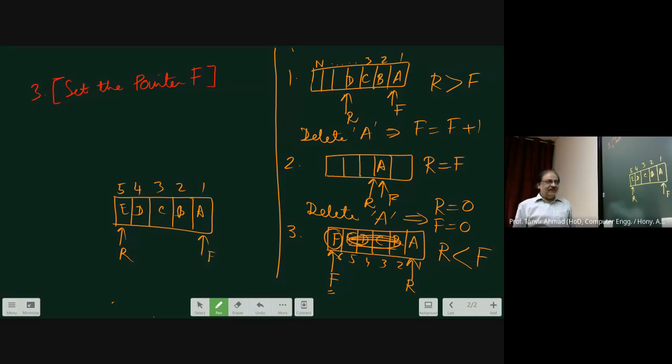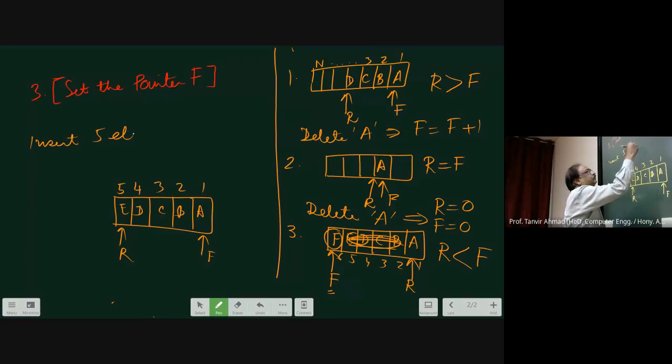Correct? Now understand my words very clearly. I insert 5 times. This is the status. Now I delete one item. What I did, I insert 5 elements. Then I delete one element.